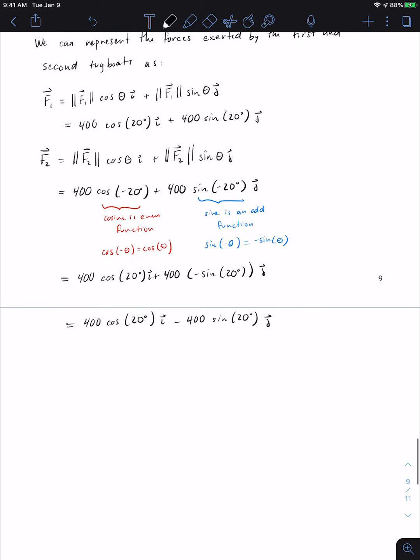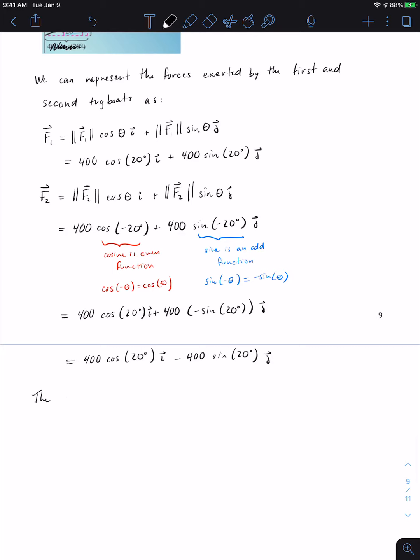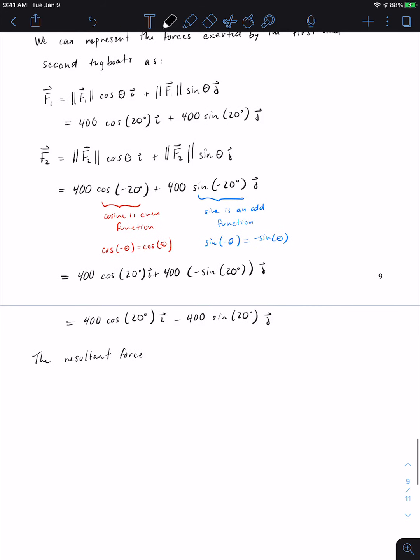Now, the resultant force was what we were trying to find in the question. The resultant force on the ocean liner is the sum of the two forces exerted by the tugboats, F1 and F2.